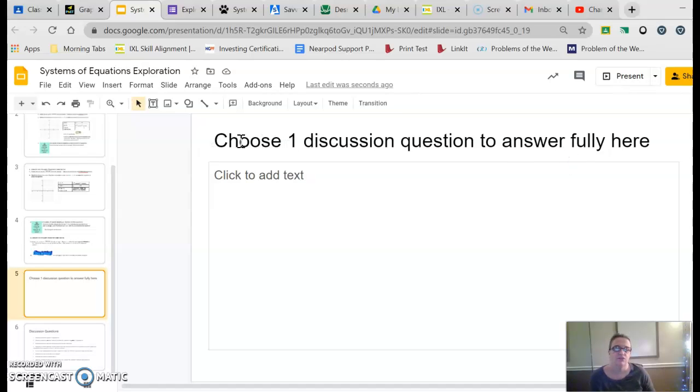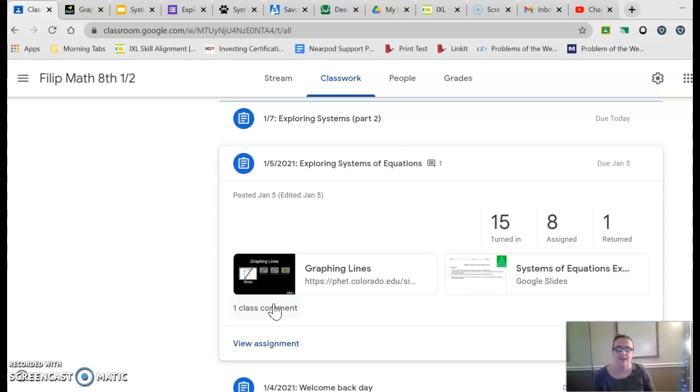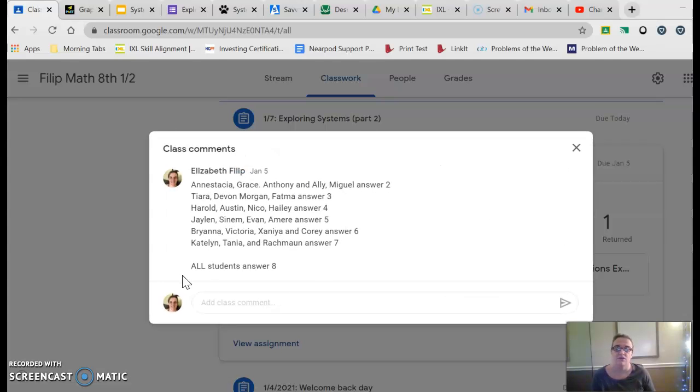Here it said choose, but after I created this document, I decided that I'm actually going to assign questions. So if you look at the class comment on our assignment, everybody was assigned a question. So you can look and see which question we want you to answer. Everybody has to answer the question they were assigned, and then all students, everybody should answer question number 8.